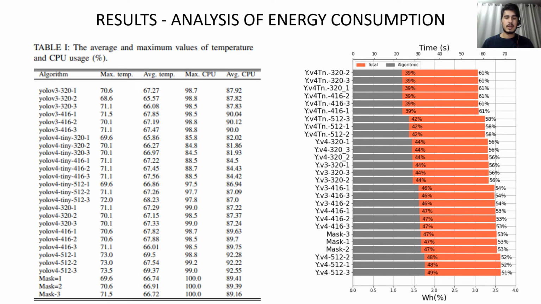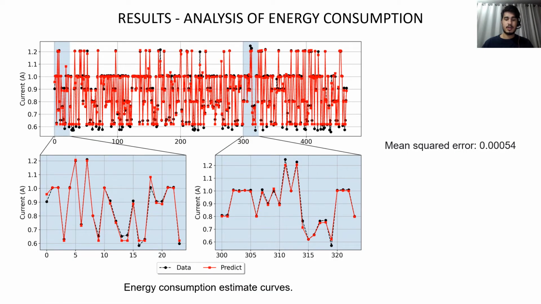The results show that the energy consumption of the board running the detector models is between 3 and 4% of the consumption of the UAV, and the isolated consumption of the algorithms is between 39 and 49% of the consumption of the Raspberry. The estimate curves in red show how the model is able to accurately estimate the values of the electric current in black, obtaining a mean square error of only 0.00054.